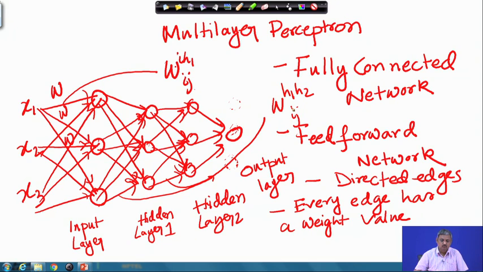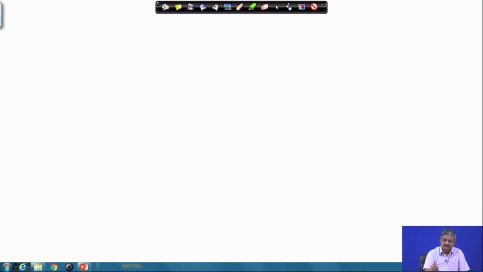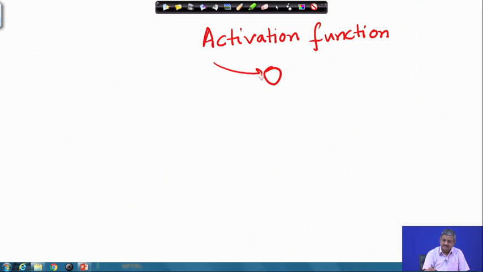Okay. So, now one more thing is missing. I have talked about weights, but each of these neurons, just like a perceptron, will have an activation function. Each of these neurons, just like a perceptron, will take weighted inputs and add them up.